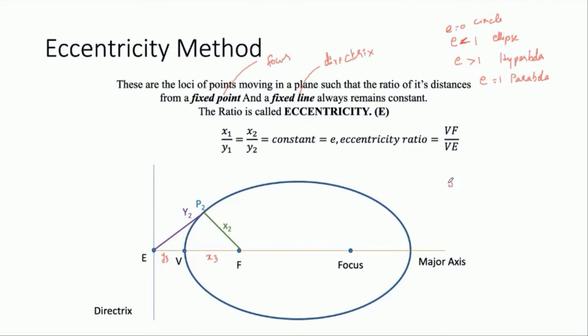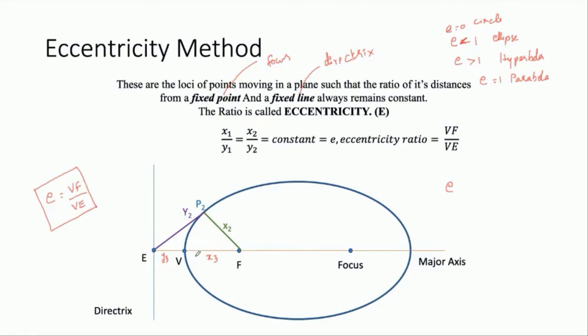In general, E we are going to use as VF by VE. You please remember this. Without this, we will not be able to solve problems using the eccentricity method. Okay, try to have this in mind. E is the eccentricity ratio. So E is nothing but VF by VE, the ratio of the distance from vertex to focus to the distance from vertex to directrix.